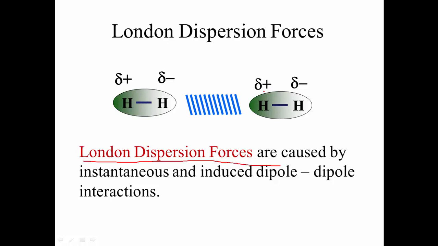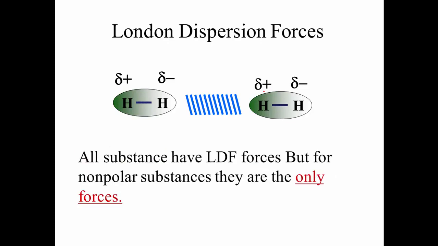It's just with a nonpolar molecule, it's the only thing holding them together. So for nonpolar molecules, you have only LDF forces. Everything else has LDF forces, but they have stronger forces as well: hydrogen bonding, dipole, dipole, and ionic.